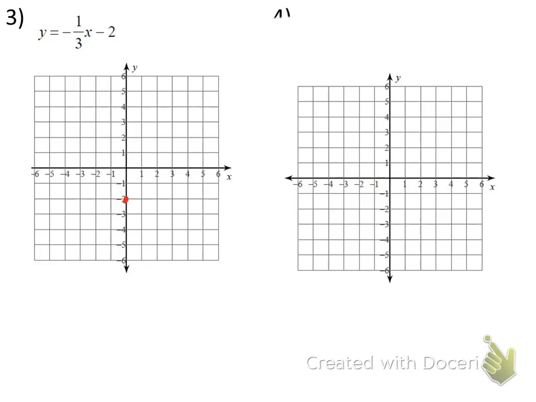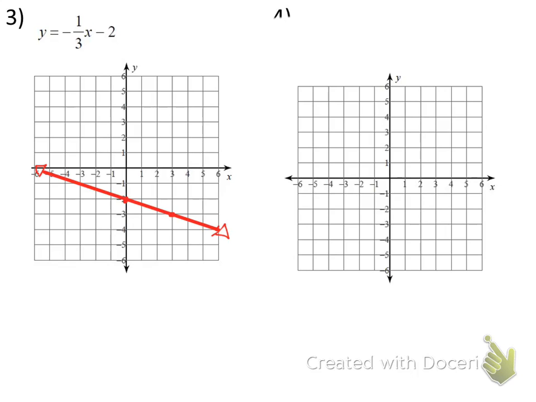Your slope is negative 1/3, so you go down 1, run 3. You should have another point here, and so forth, and you can make points the opposite way too. And draw your arrows, right? Okay, so that's how you graph it. Again, this is not a new concept. You should have already done it, so let's do another one, number 4.